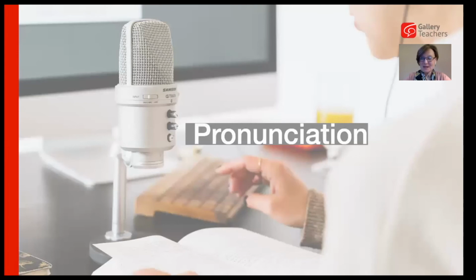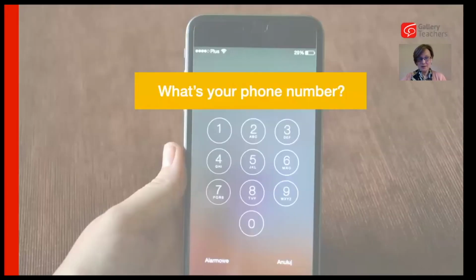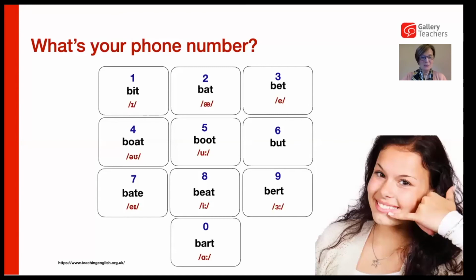All right. Some of the activities that you can do are with pronunciation. This one actually is my favorite. It's called What's your phone number? And I think it's from teachingenglish.org.uk. Brilliant website.